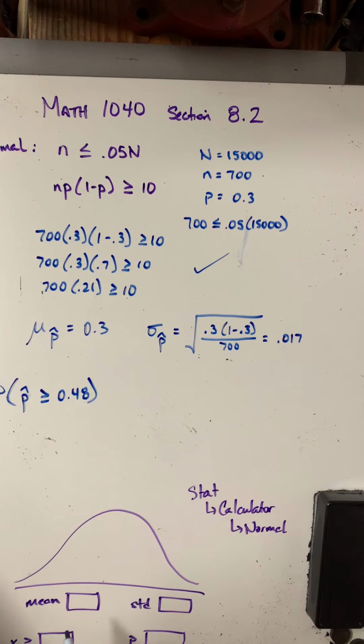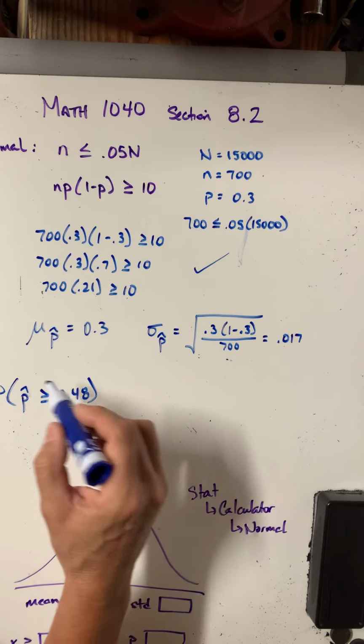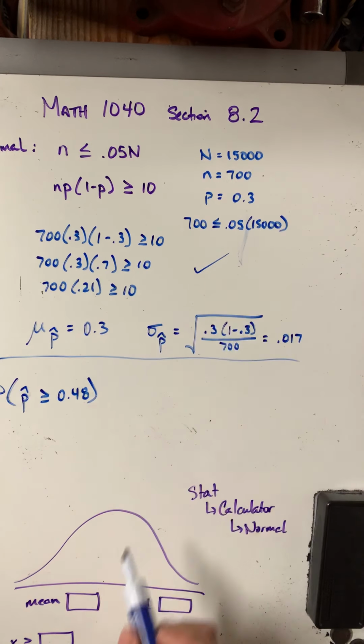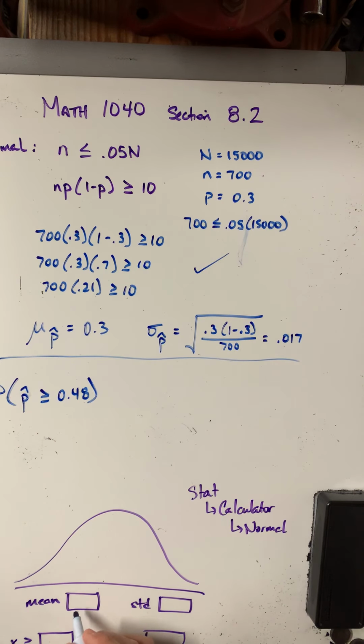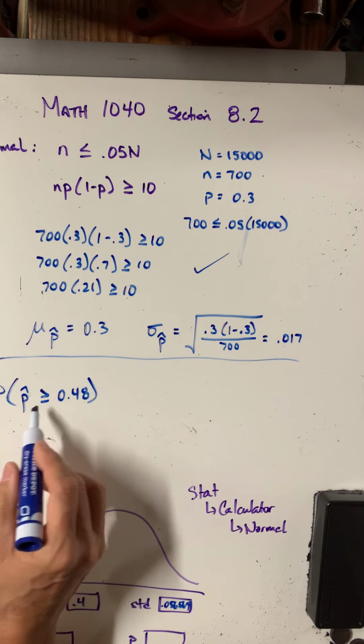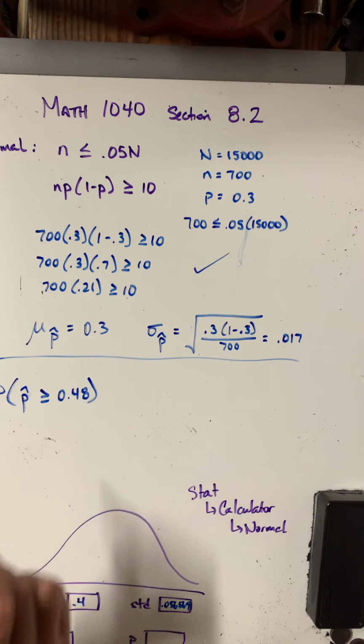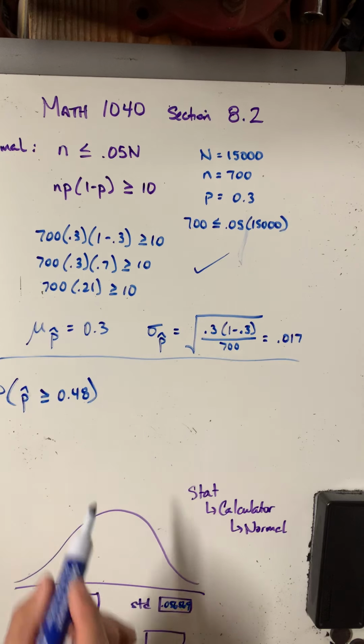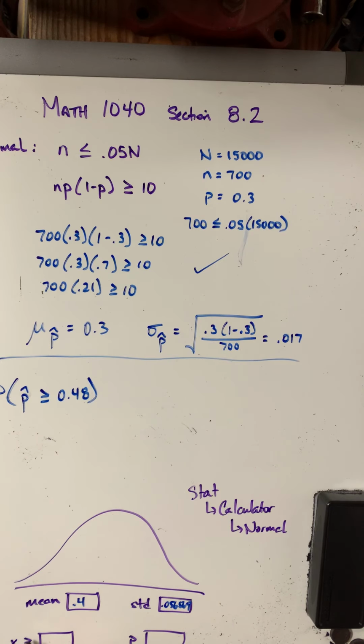So what you would do is you would put in your mean. So for my new problem, not that one, my new problem, my mean ended up being 0.4. My standard deviation was 0.056569. And they're asking me a question about the sampling proportion being greater than or equal to 0.48. So greater than or equal to 0.48 goes here, and then this is where my answer will be, okay?